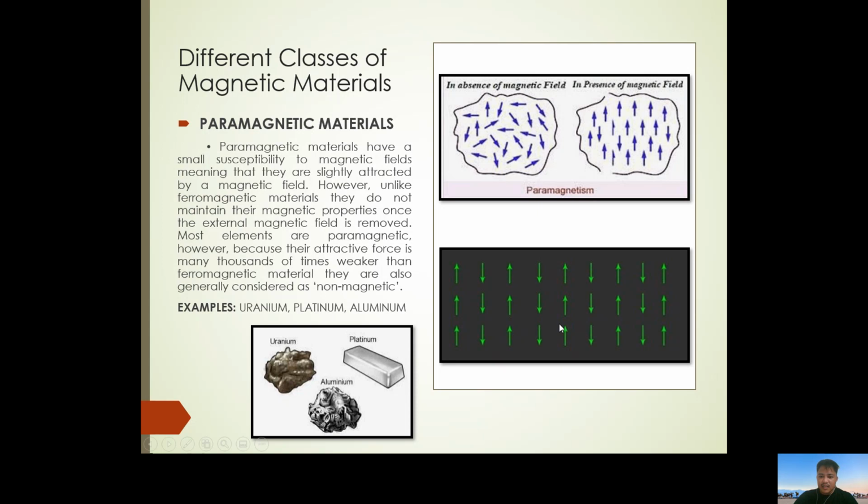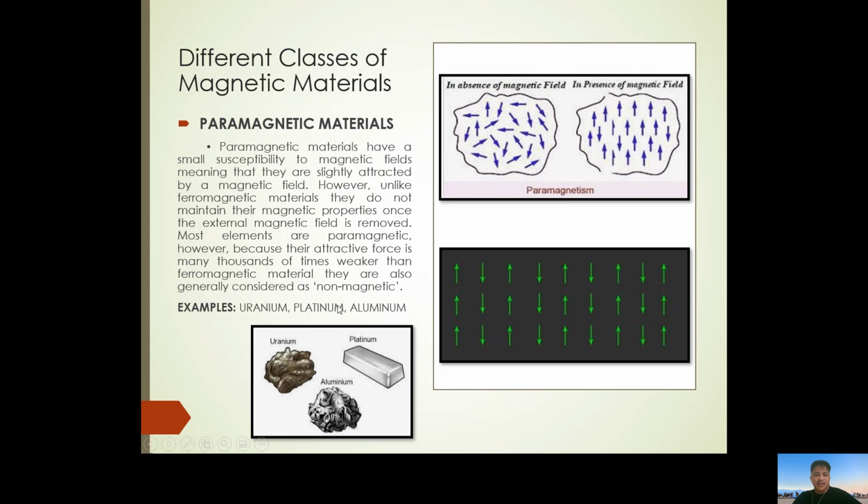In order for you to familiarize more, in the absence of a magnetic field, this is what it looks like. Then, in the presence of a magnetic field, this is the image of the paramagnetism. The first layer will be all facing up, then the next all facing down, alternating continuously.